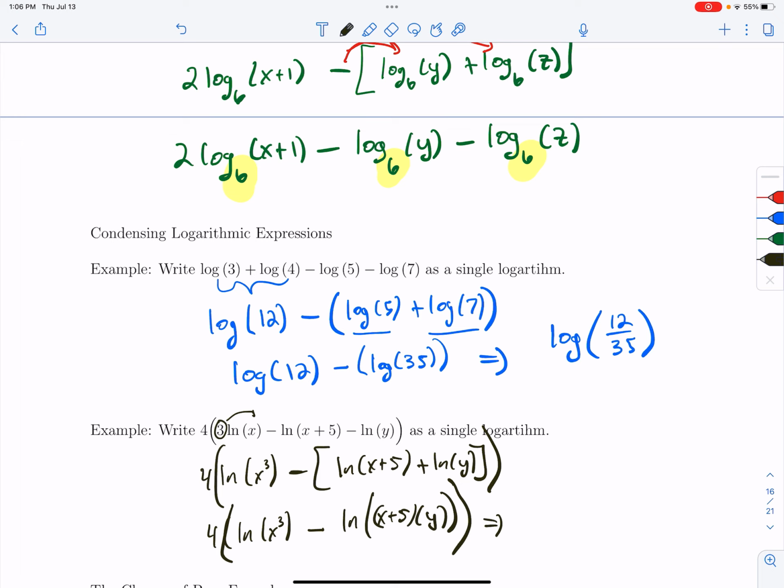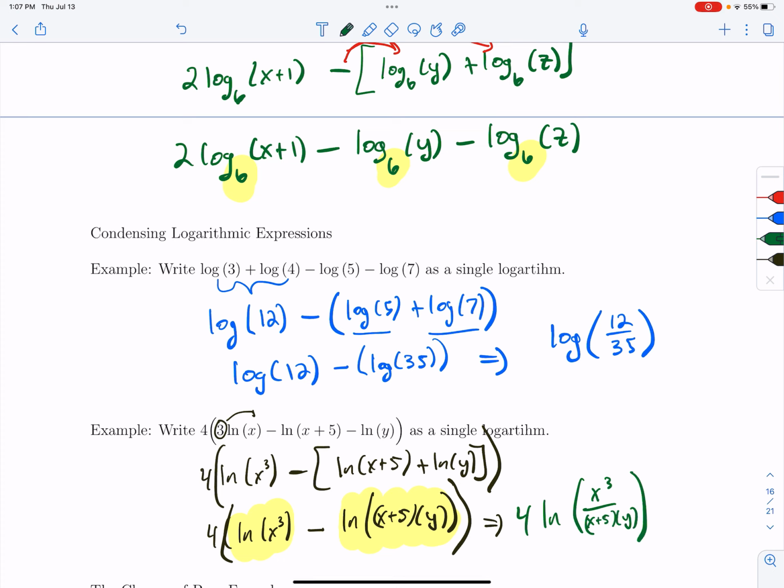Okay, so here, these both have the same base. Since I'm subtracting those, I'll write that as a single logarithm that has a quotient in it. So ln of x cubed over x plus 5 times y.